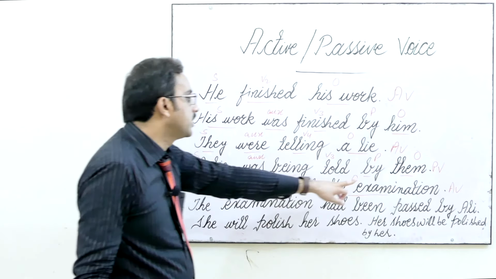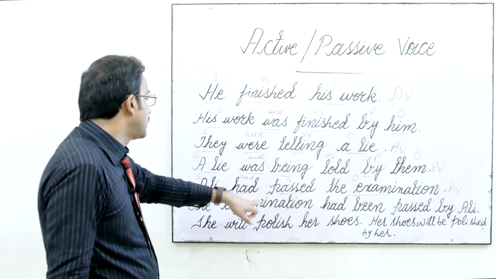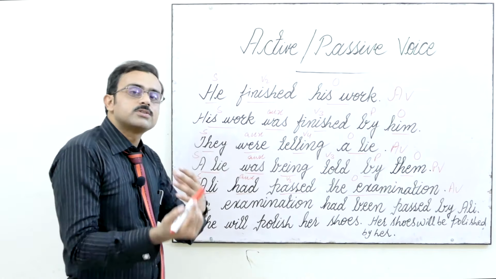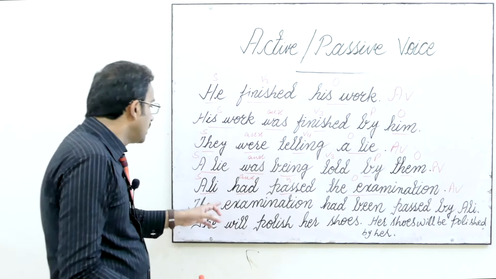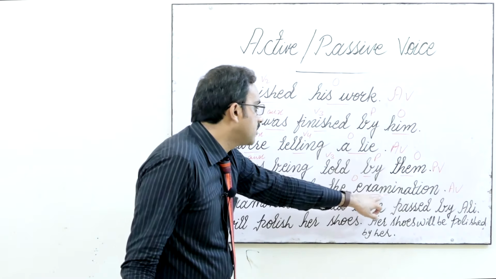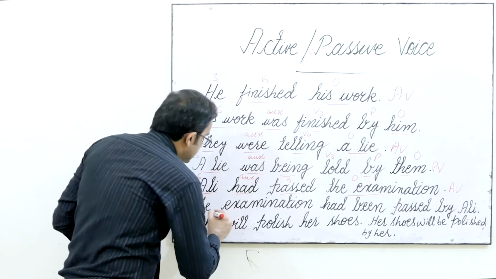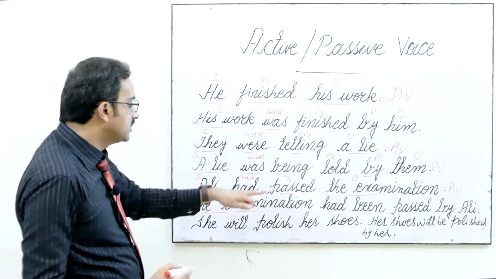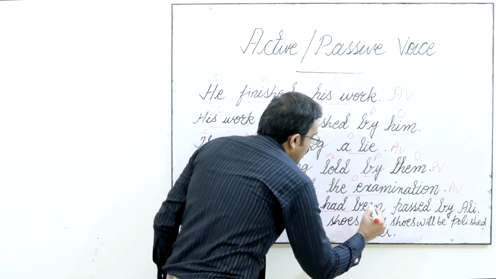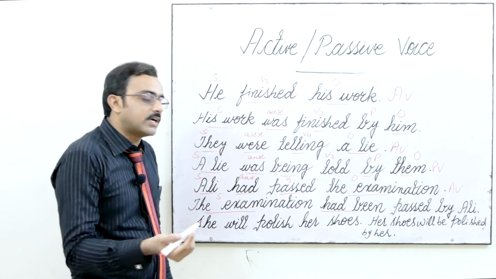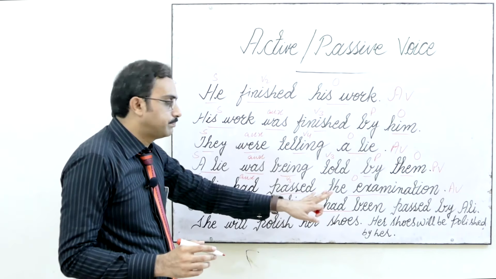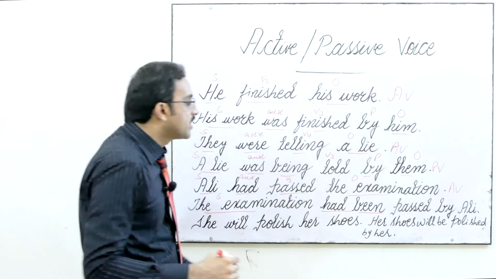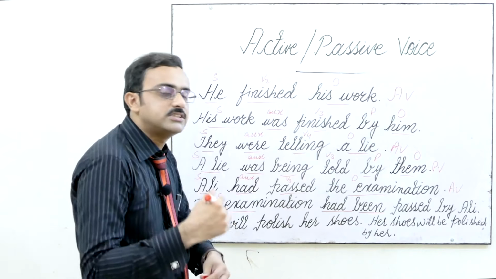Okay, now we are going to change this active voice of past perfect into passive voice of past perfect. First of all, we take object as the subject, the examination. Now it is subject. The examination had. In passive and active of perfect, we use only had in past perfect tense. Had been. Then we use been to make a change.